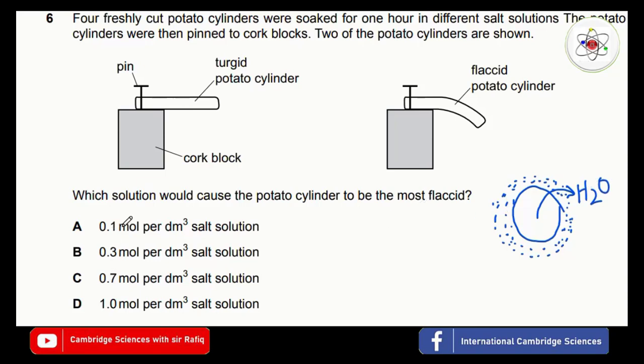So it means the concentration of the salt solution should be the highest, and D is the option where 1 mole per decimeter cube is the highest concentration of the solution given.